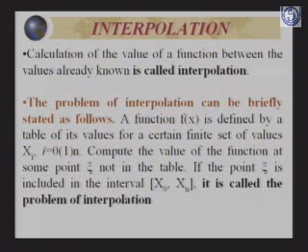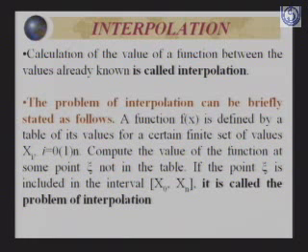So the definition of interpolation is the calculation of a function value in between values which are already known. The problem of interpolation can be briefly stated thus: say a function f(x) is defined by a table of its values for a certain finite set of x.